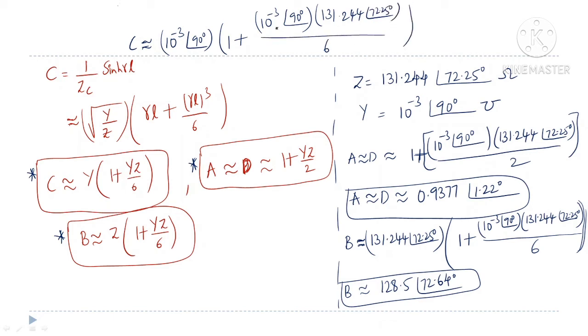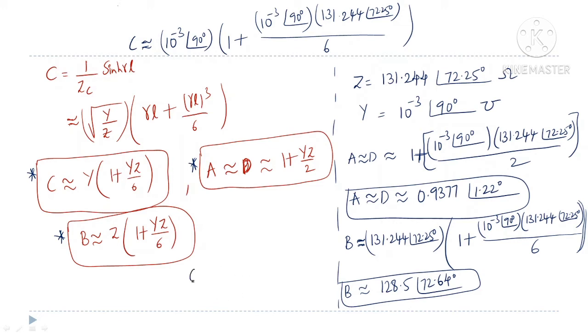First you need to find the product of these two, divide that by 6 and add this entire complex value to 1, and after that you need to multiply this entire value with this complex value.